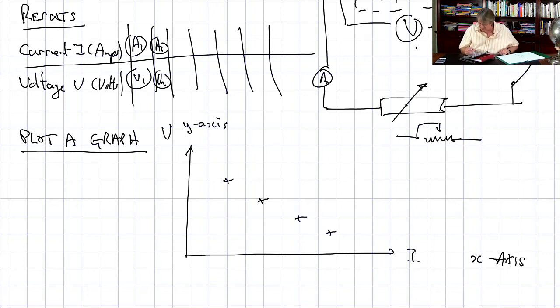That is the graph, is it not? Then we extend the graph backwards, like so, because this corresponds to a current of 0 and the EMF. That corresponds to the EMF of the cell. We read it off. Yes, you could do it by putting the rheostat right down, but that is our experimental result, correct?